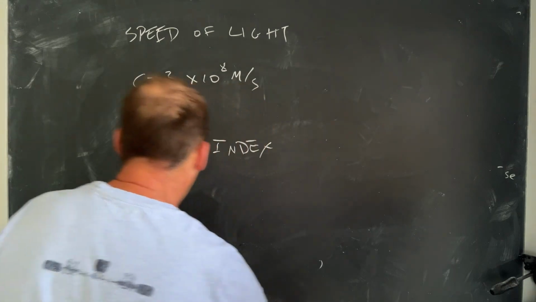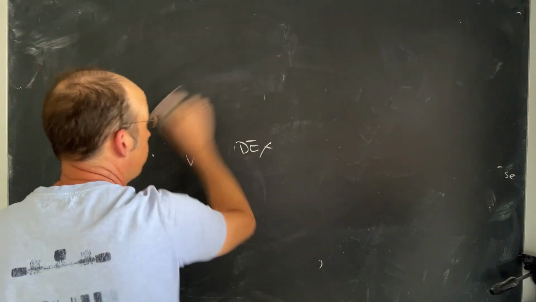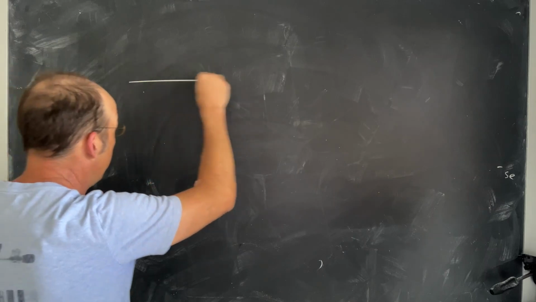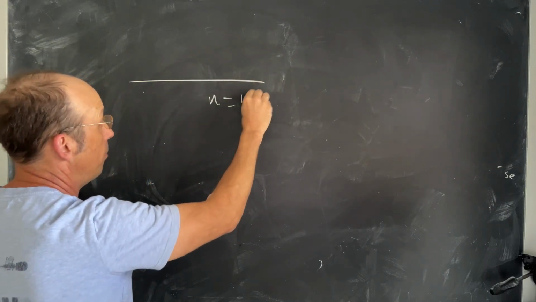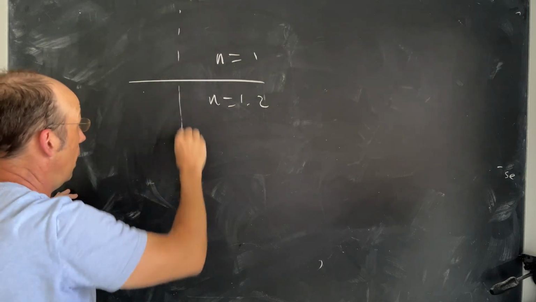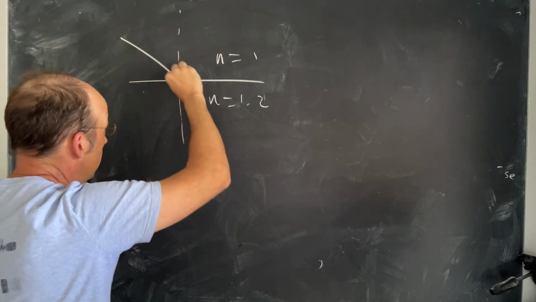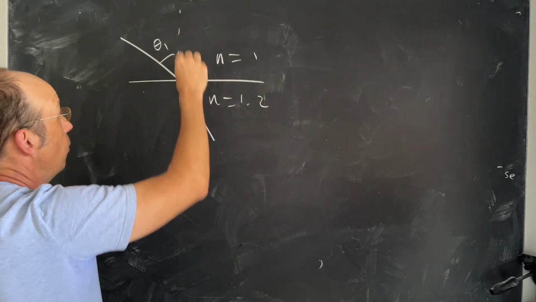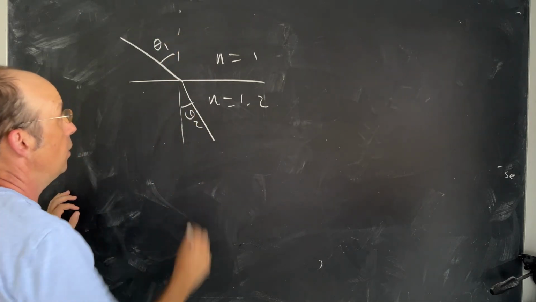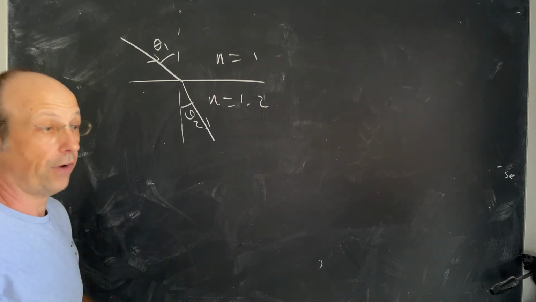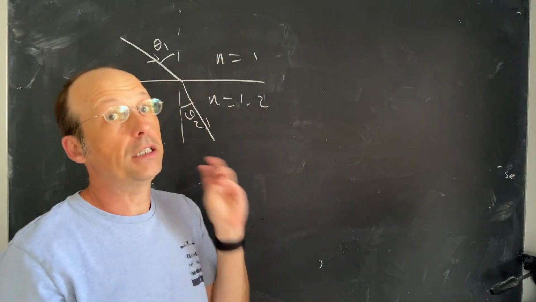So what happens when light goes from one material to another and the speed changes? So if I have down here n equals 1.2, n equals 1, and light comes in, exaggerated view, theta 1, theta 2. So light is going to bend, and we call that refraction. Why does it do that? It's because it changes speed.